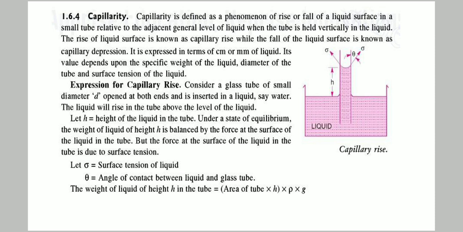Okay, the meniscus makes some angle, and that be the theta. Now the weight of the liquid of height h in the tube is the area of the tube, that is volume of the tube, into rho g. Okay, that is nothing but volume into unit weight.